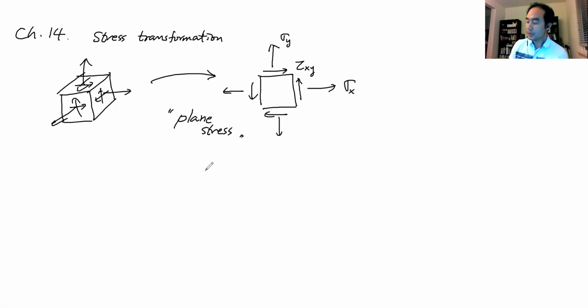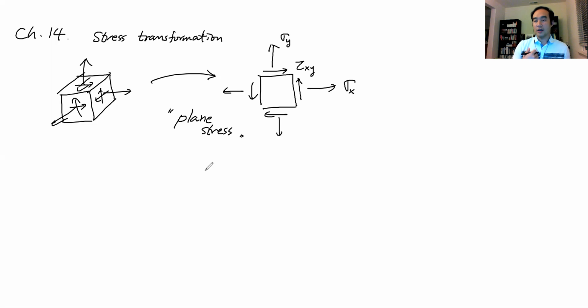So at the beginning, I went through the derivation of the equations, sigma x prime and tau x prime y prime. The reason that we do this stress transformation is because sometimes, based on the given stress condition, we'd like to know what the maximum normal stress and the maximum shear stress are, because those maximum values can be used to design devices or structural systems.